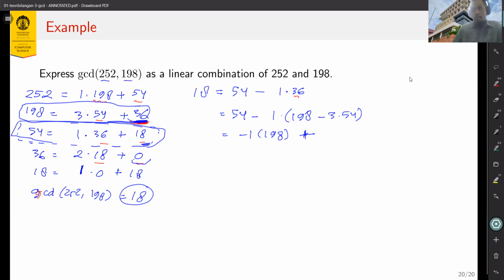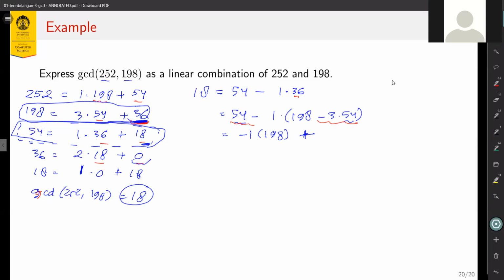And then plus how many times 54? We do not compute the end result. First combine this and this: 4 times 54.